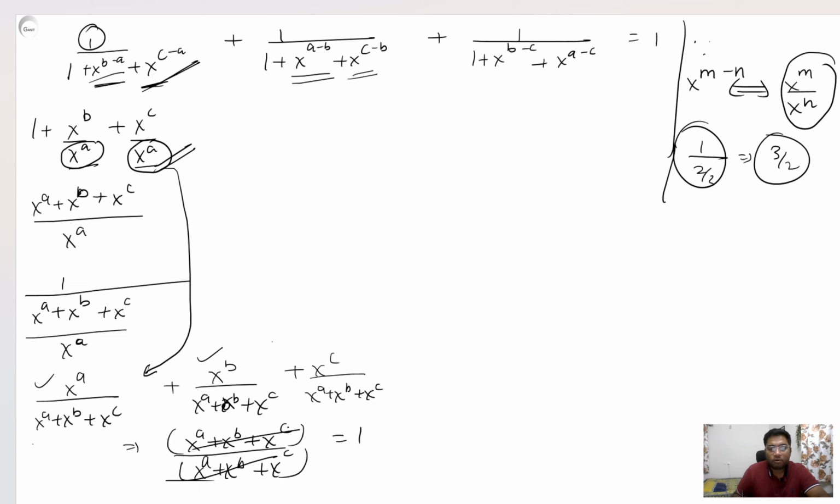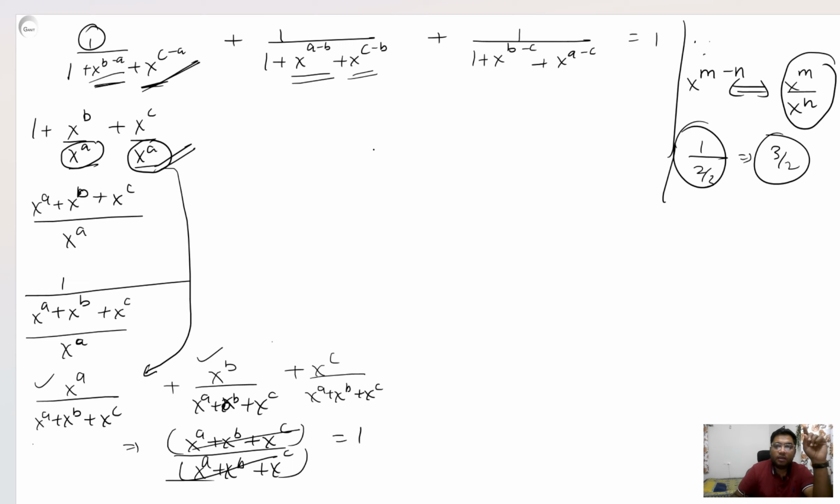Now, I want to talk about something in general too. So this question is done, by the way. In exponents, a lot of times you will have questions which ask you to reduce a big, massive-looking equation to 1. So you'll have to do whatever tricks you can apply, simplify it, and eventually reduce everything to 1.